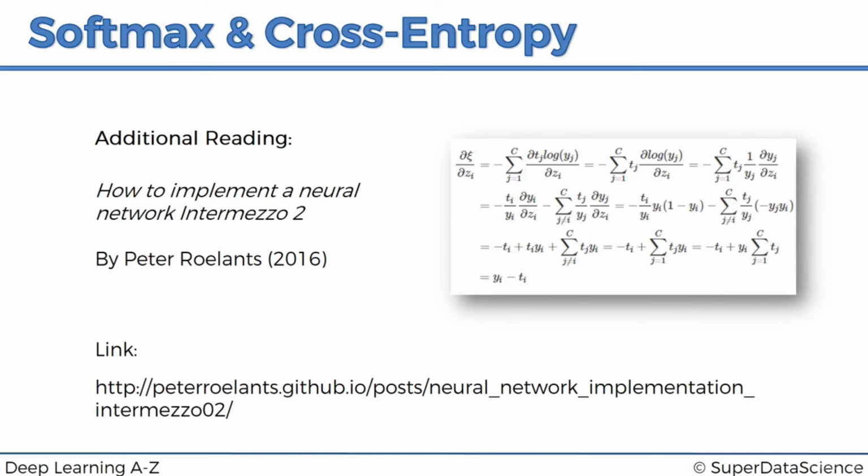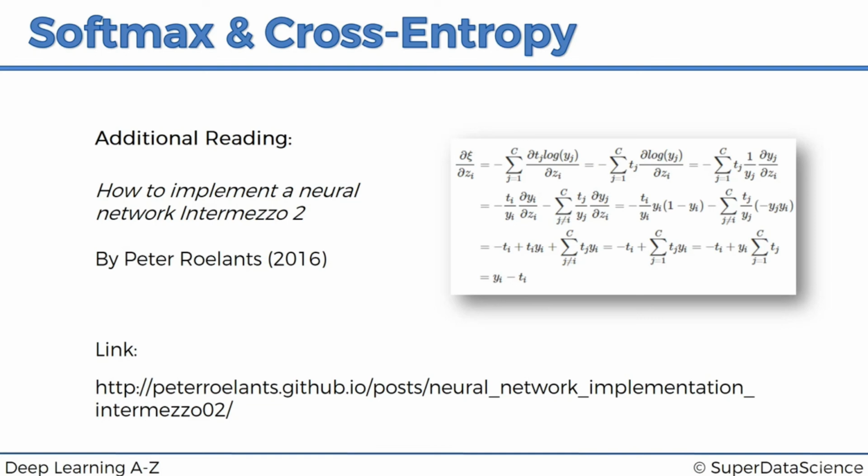If you want to dig into the heavy math, like what you see here, then check out a blog post called How to Implement a Neural Network Intermezzo 2. Intermezzo is like an intermediary thing, like when you go to a theater and you have a break between the first part and the second part. Because he's going through all these steps, and then he says, oh, I've got to explain this first.